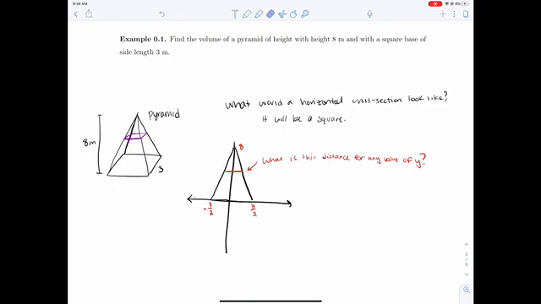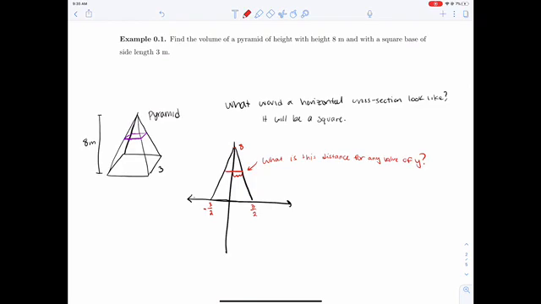Well, it will just be twice the x value on this line, because we have this distance and then multiply by 2. So if we can figure out the equation of this line, we can figure out the x value associated to any value of y.